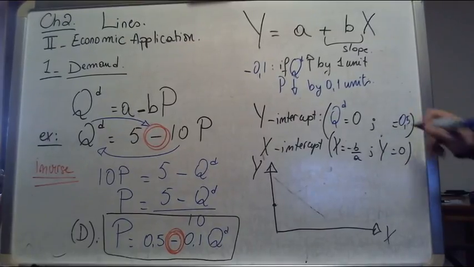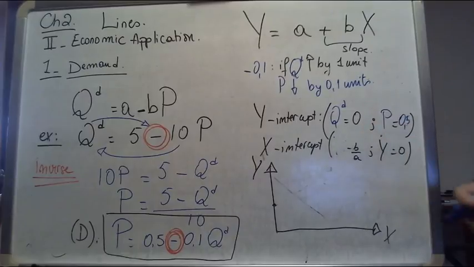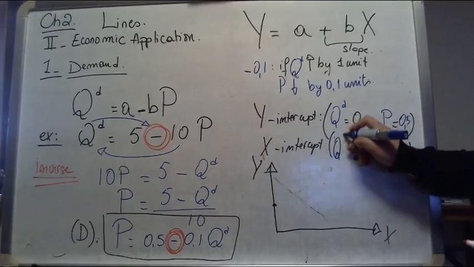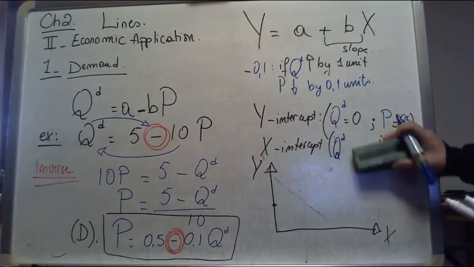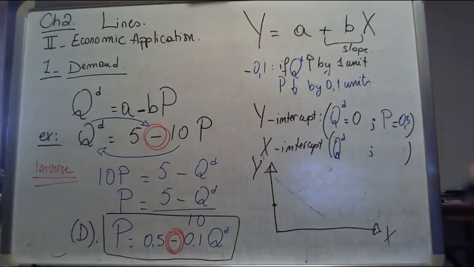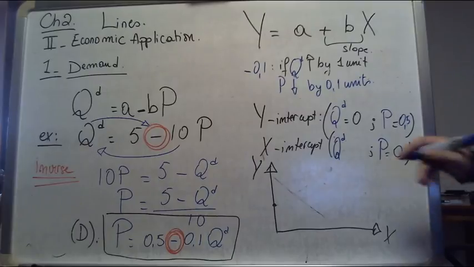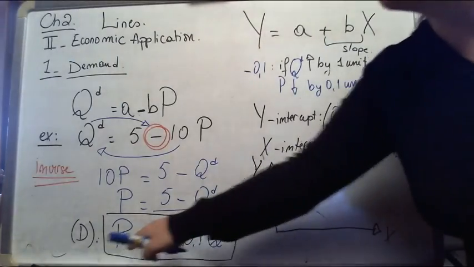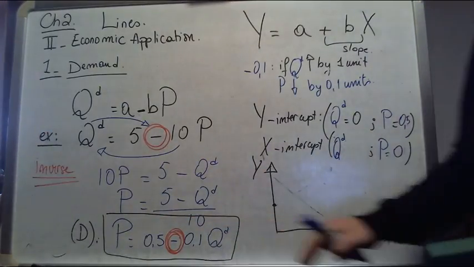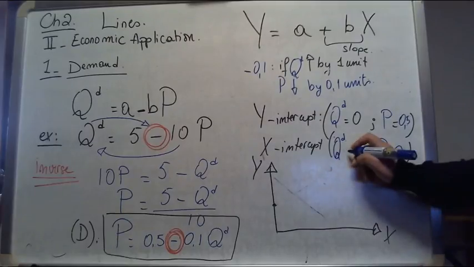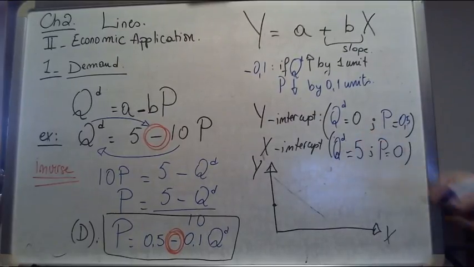The x-intercept: what is QD if P equals 0? Let's replace P with 0 and solve for Q. QD equals 5.